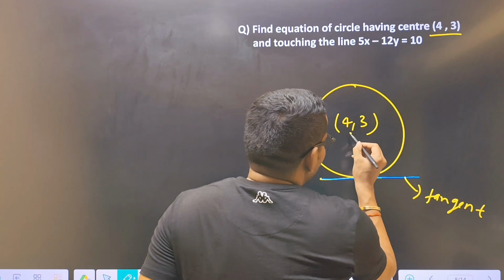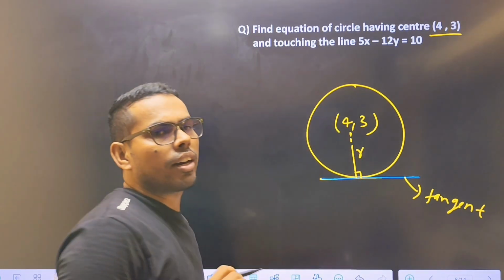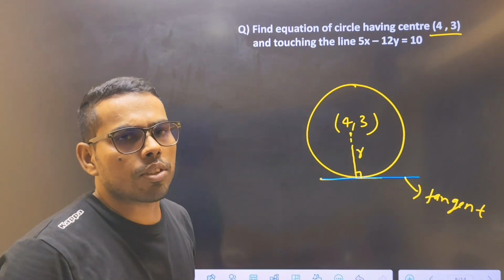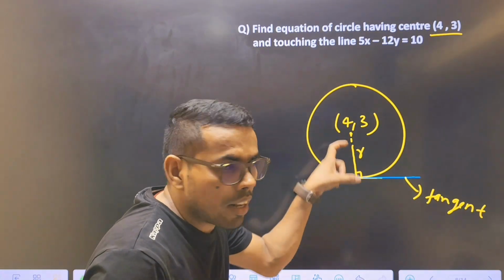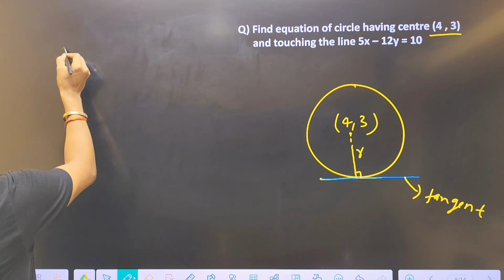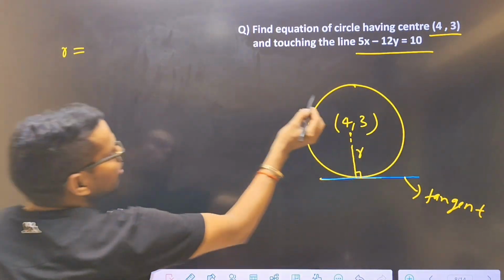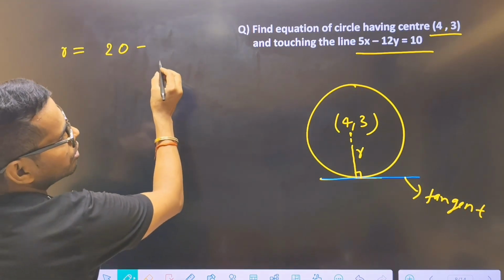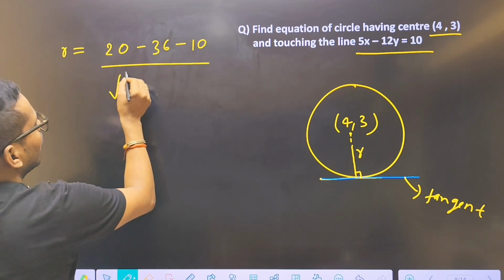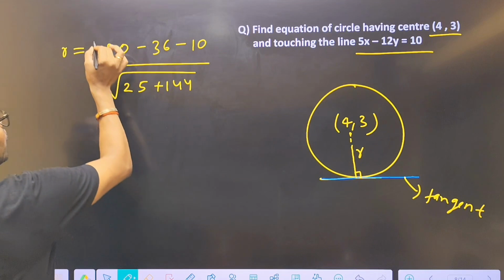Now, we already know the distance between the center and the tangent is simply the radius. So now we can find the distance between a point and a line. Put in the values; the equation of the tangent is given. 5 fours are 20, minus 12 threes are 36, minus 10, upon under root of 5 square, 25, plus 12 square, 144.